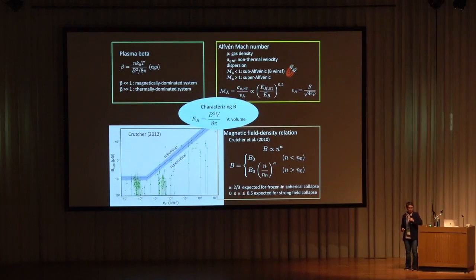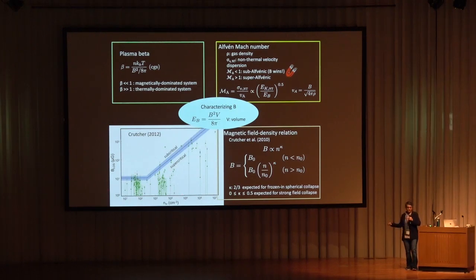Another relation is the relation between density and magnetic fields that has been seen in observations and in simulations. This relation is quite important, and we'll keep coming back to it in this talk. It was first observed by Crutcher et al., who used Zeeman measurements, as you can see with the green points here.